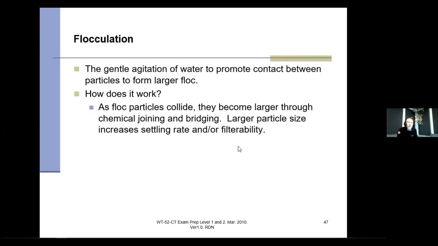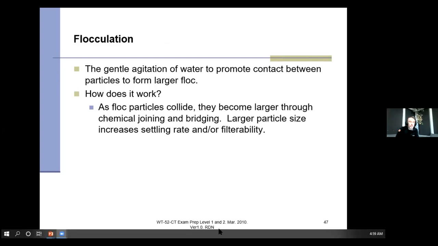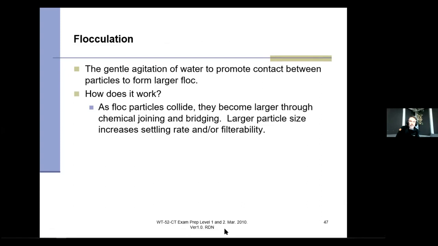Before we go to flocculation, I'm just going to pause right there. I'm going to show you a quick video if I can get it up here, and then we'll have a quick break. So bear with me here, and I will get this in a second.